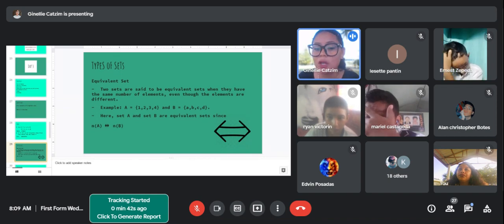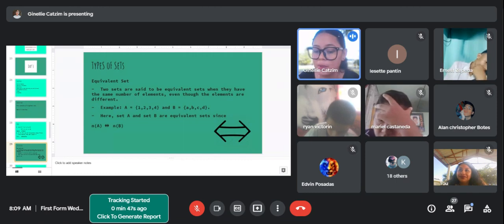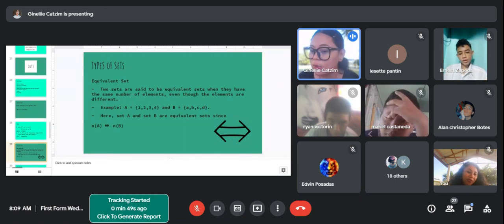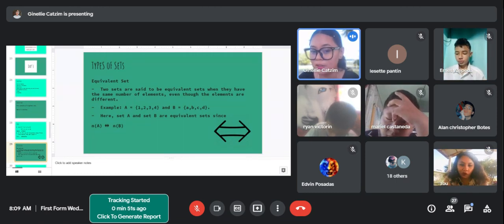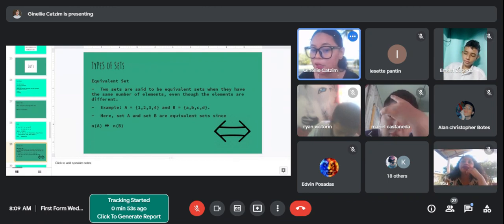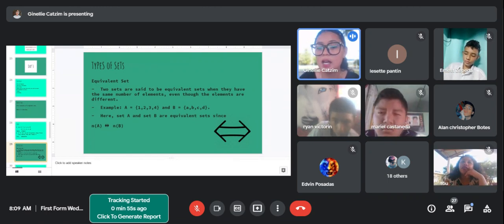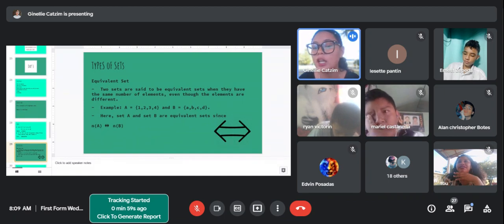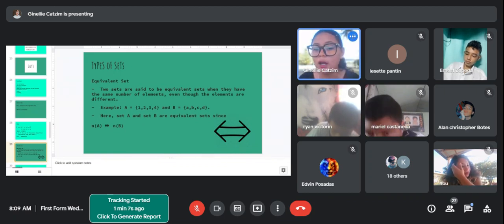The amount means that the cardinal number is the same, right? This is what it is saying because we're talking about amount. So this has the same amount of elements, but the elements do not have to be the same, right?